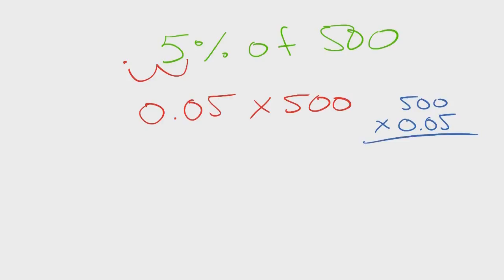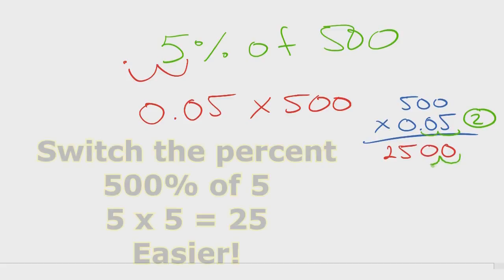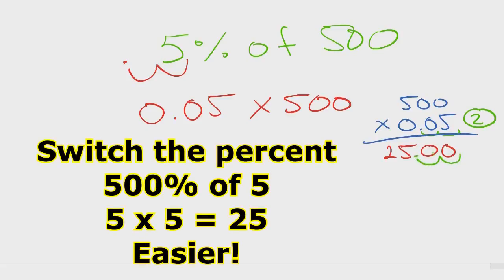I can move the decimal 2 spaces out. Just make sure you put it back in when you're finished. So 5 times 0 is 0. 5 times 0 is 0. 5 times 5 is 25. When you're done, you say, wait, I have to put in the decimal 2 spaces to the left, because I have 2 digits to the right of the decimal. So it looks the same thing as that. The answer would be 25. So 5% of 500 is 25.